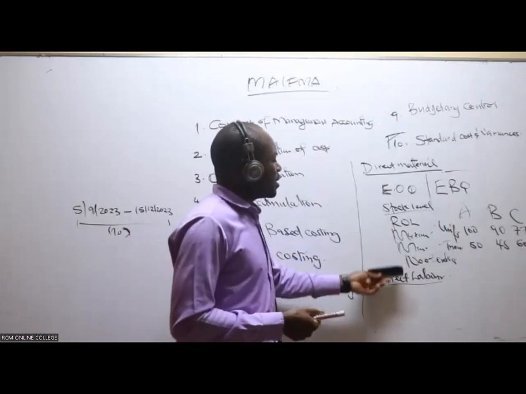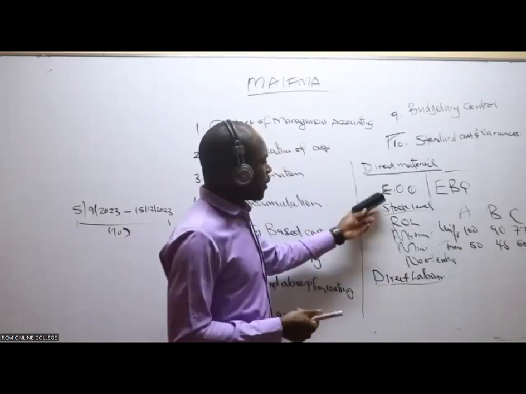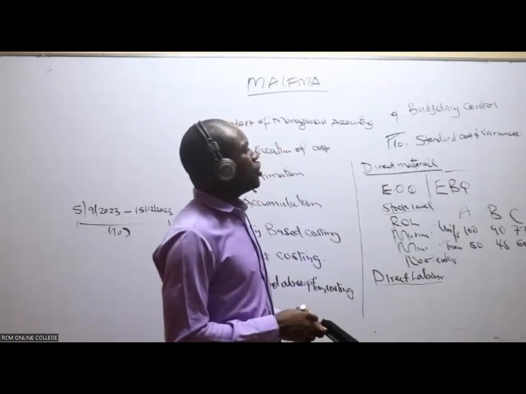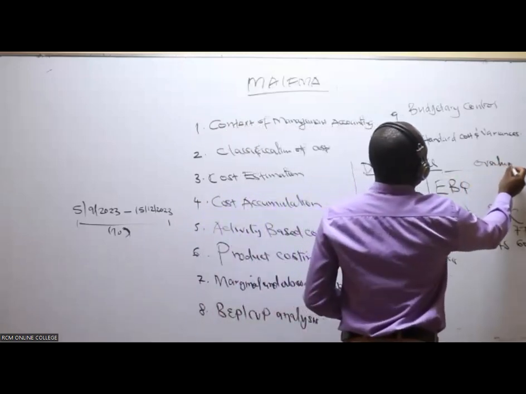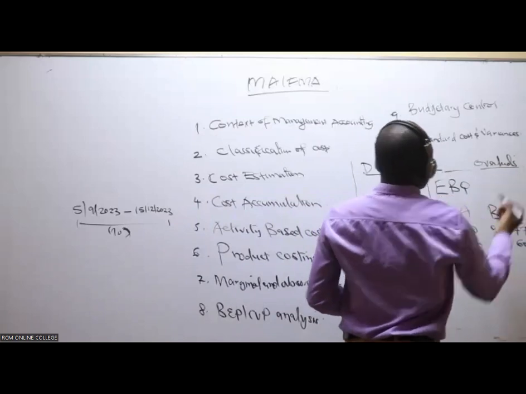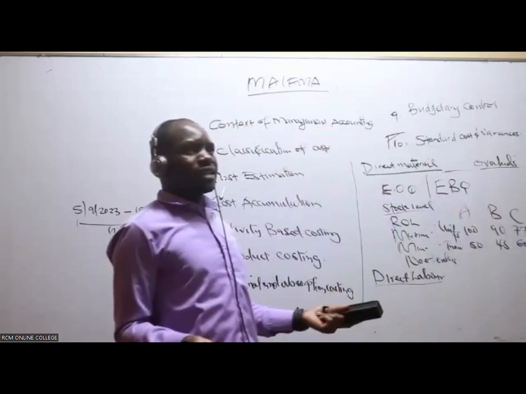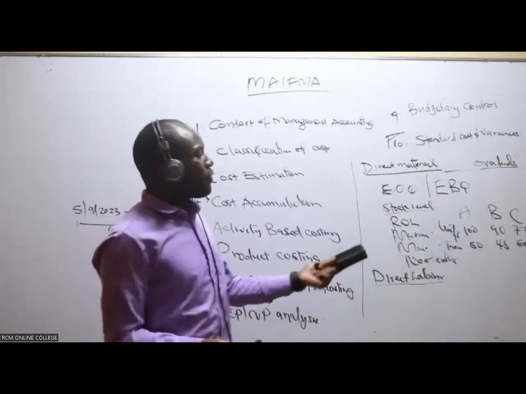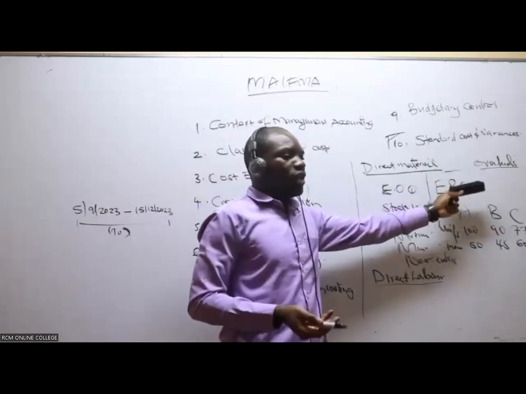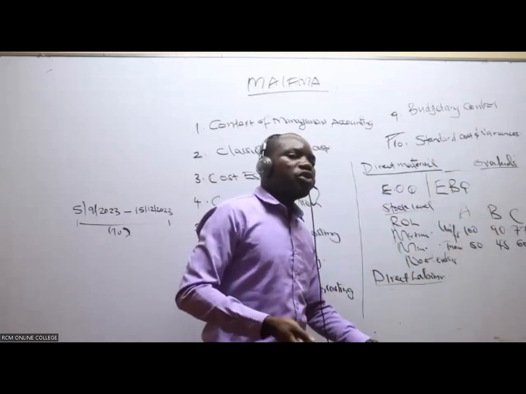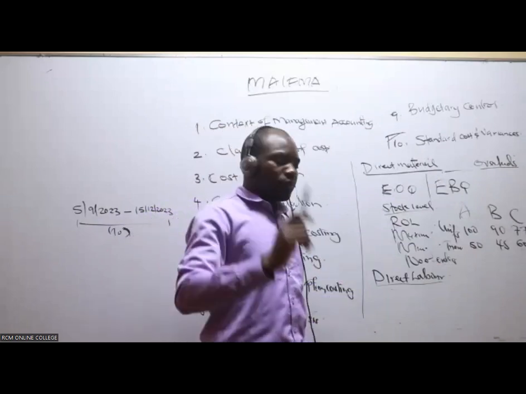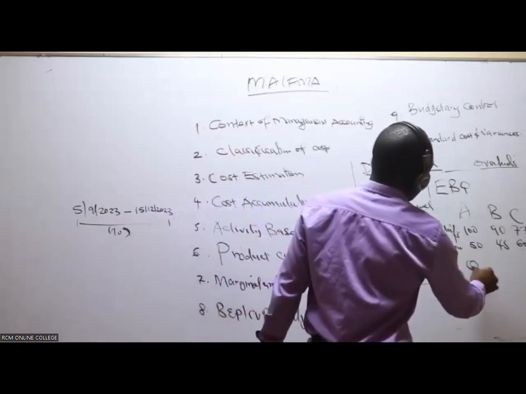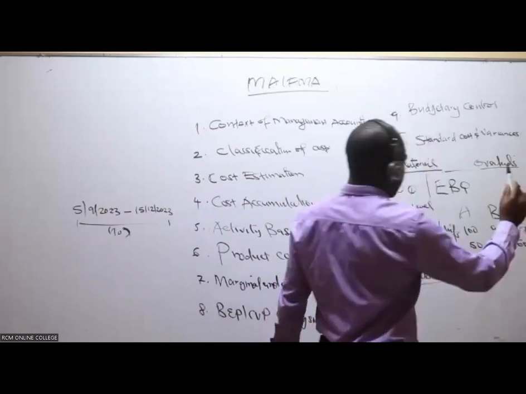After compensating these people, you now need to get what we call the overheads. These overheads, what you are going to look for is, remember you've set a standard, you have an estimate, so you have your overheads. The estimated overheads, when you compare with the actual overheads, you are going to arrive at what we call overhead absorption rate.